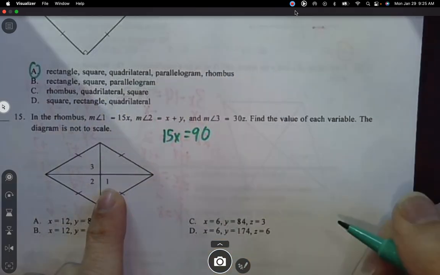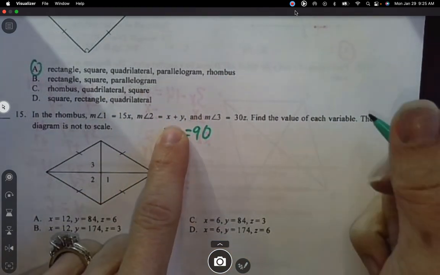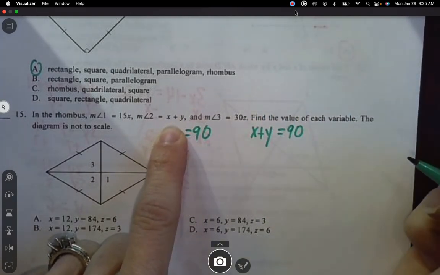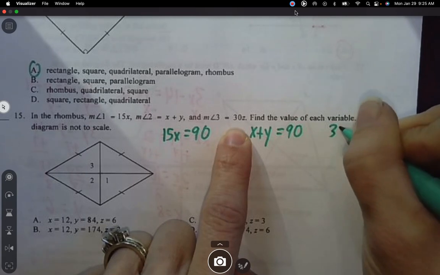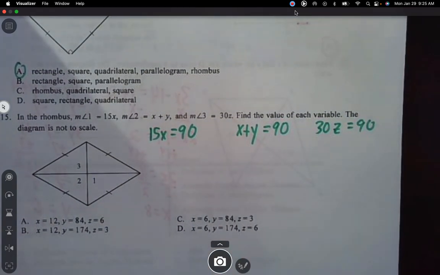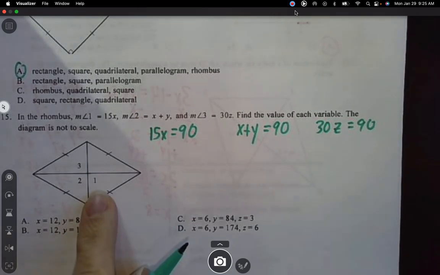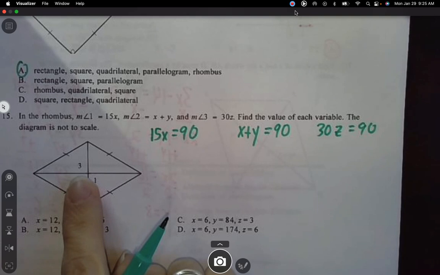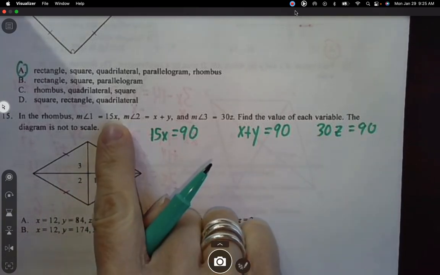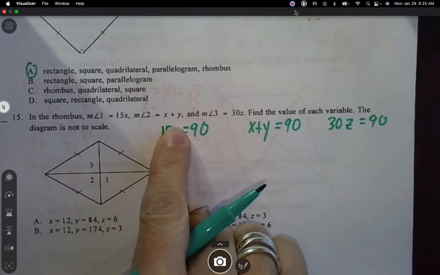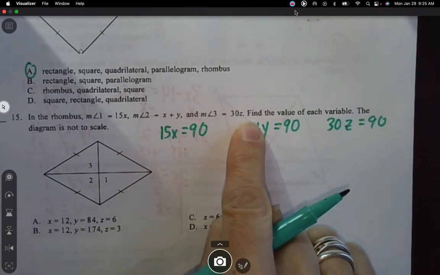What's angle 2? x plus y equals 90. And what's angle 3? 30z equals 90. Does everybody understand that? I just wrote, I know that 1 is 90, 2 is 90, and 3 is 90. All these angles are 90. So I just set my equations up. 15x is 90, x plus y is 90, and 30z is 90.